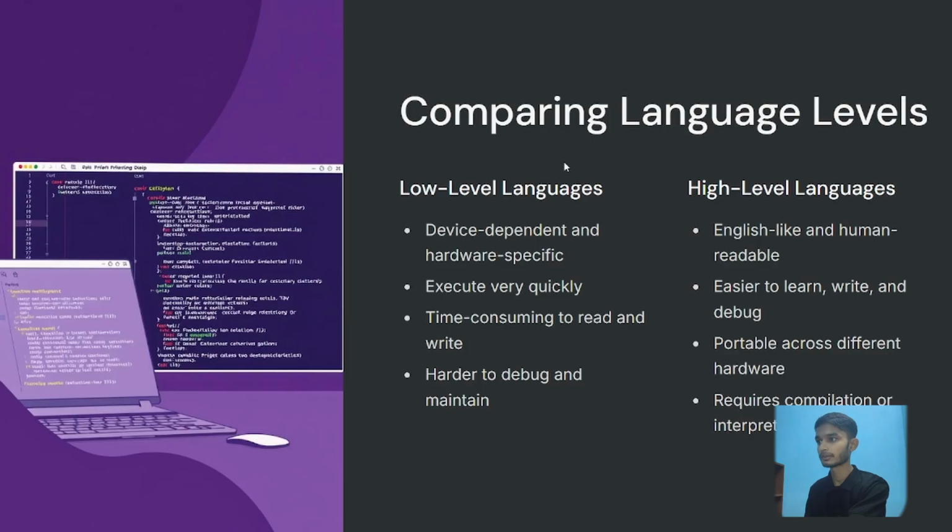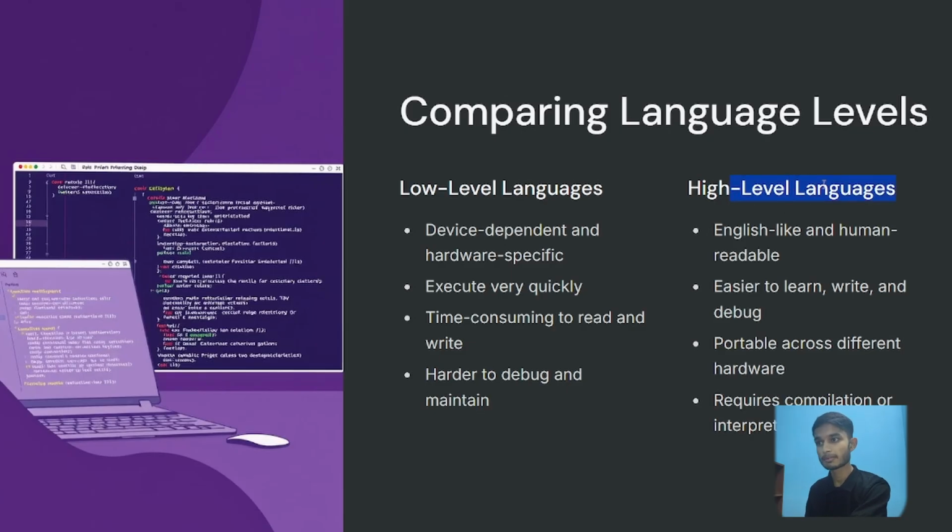Okay, if you compare the types of language, low level language is device dependent, meaning if you write the code on one computer, it won't run on another computer, but high level language can. Low level language has quick execution time because it is already written in 0 and 1, so we don't need any interpreter or compiler. But it is time consuming for programmers like us to read and write, because most of the code is 0 and 1, and it is harder to debug and maintain for the same reason.